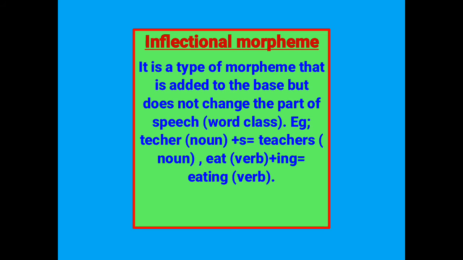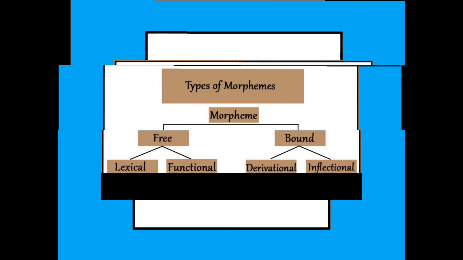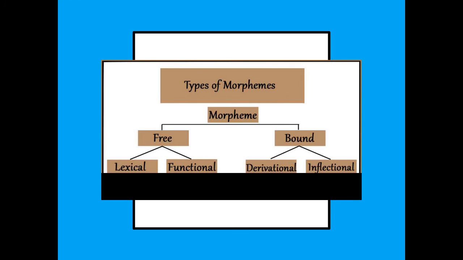So this is all about inflectional morpheme, and this is the summary of the whole thing. We move on to the types of morpheme. We have the free morpheme and the bound morpheme.